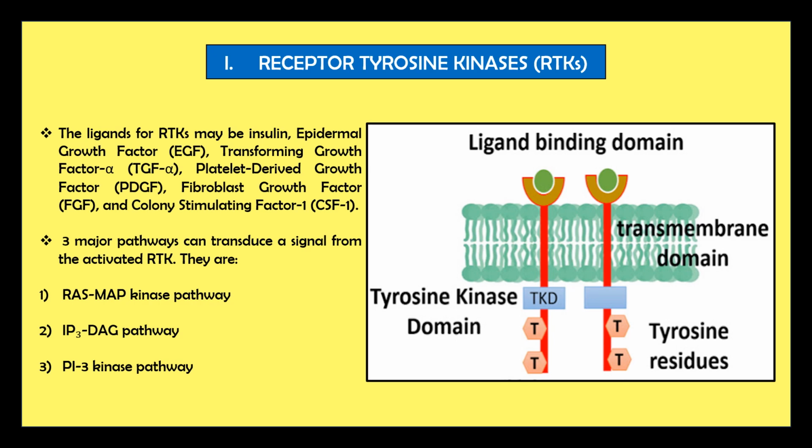There are three major pathways that can transduce a signal from the activated RTK. They are the RAS MAP kinase pathway, the IP3 DAG pathway, and the PI3 kinase pathway. We will discuss all these three pathways here.